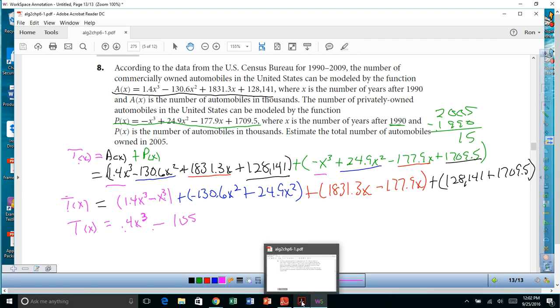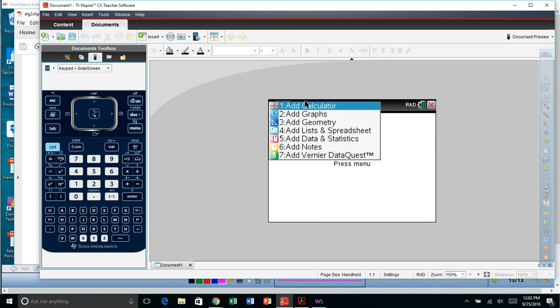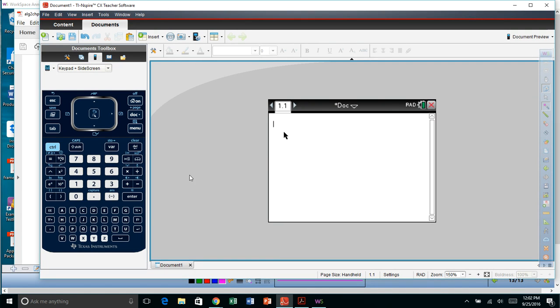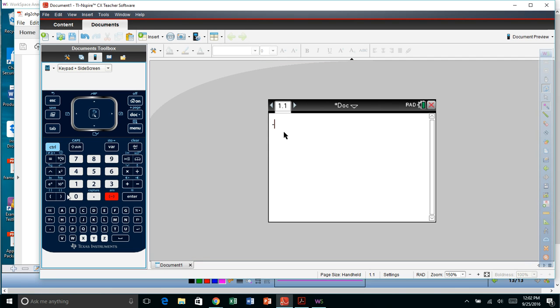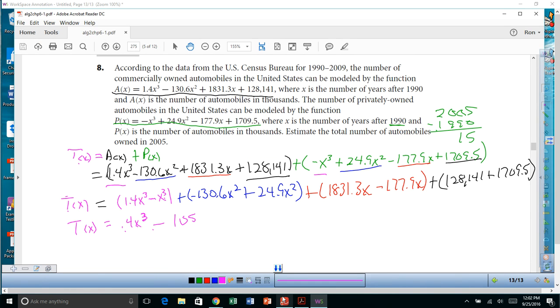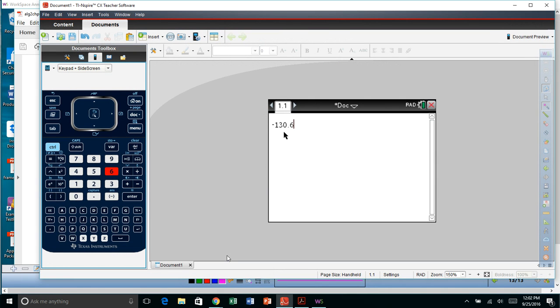Let's see here. Let's get our calculator involved. Negative 130.6 plus 24.9.